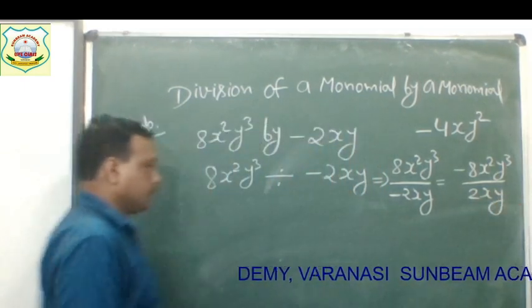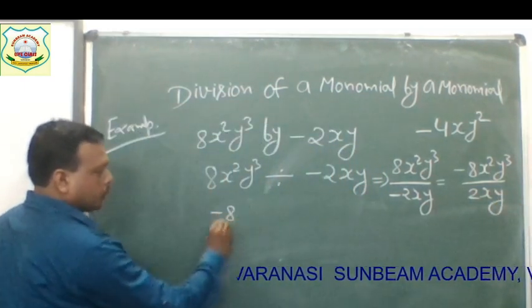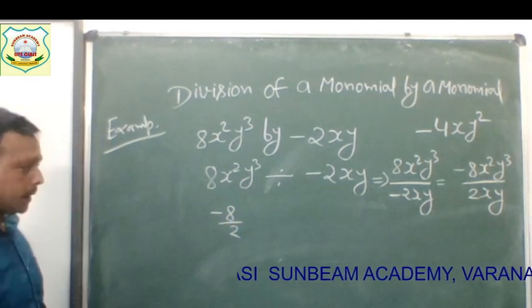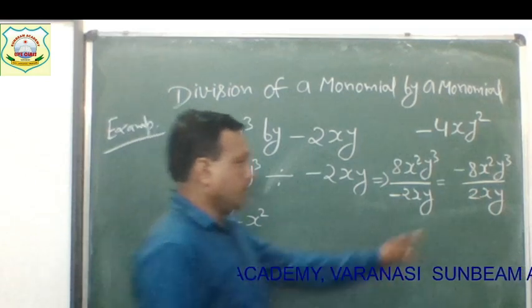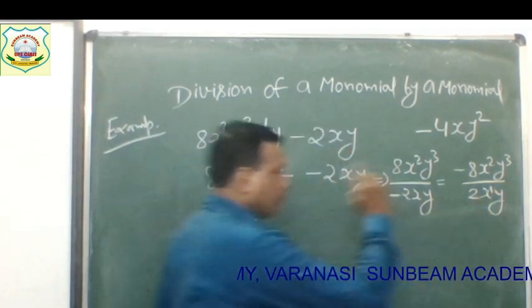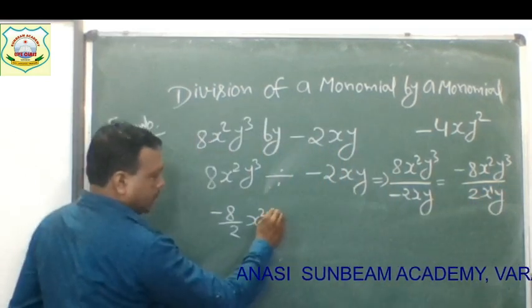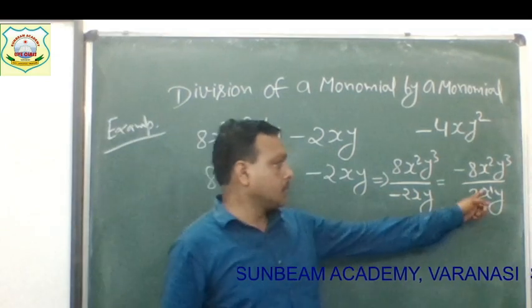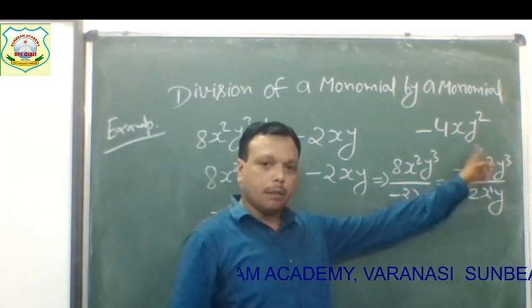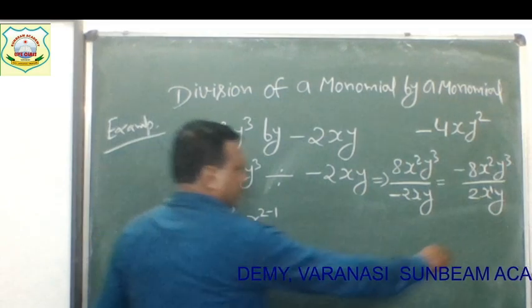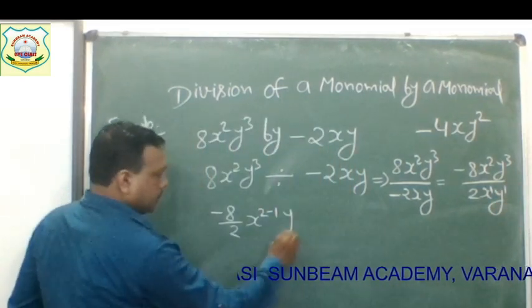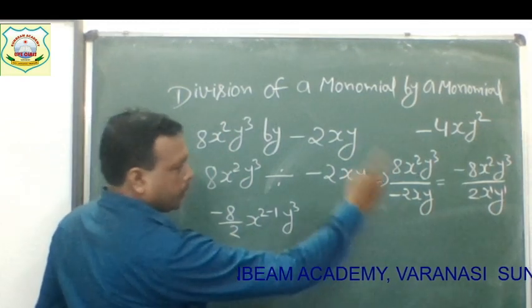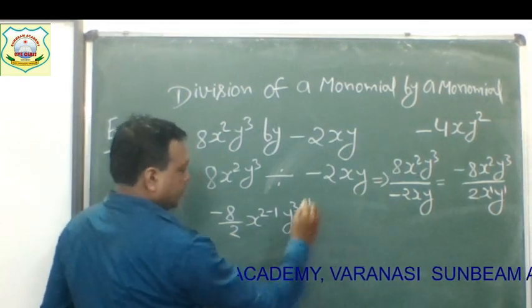Now students, minus 8 upon 2, x power 2 is there in the numerator. And the denominator has x power 1, which will go up, and then it will be minus, because they are given in plus. So when it goes above, it will be minus. Similarly for y power 3 and y power 1, y power 3 is above and 1 will go up, that is minus 1.